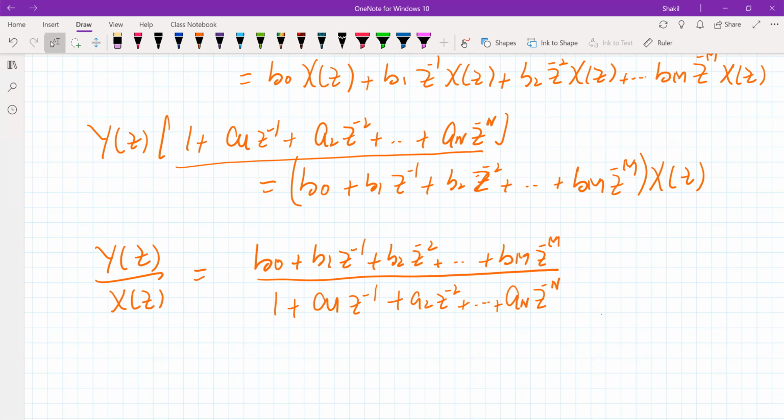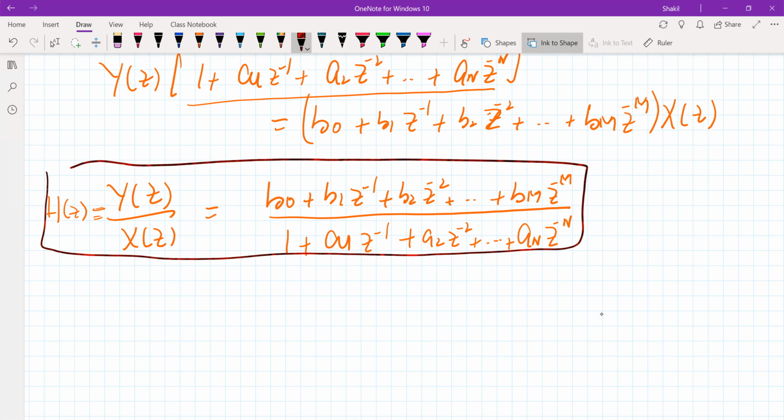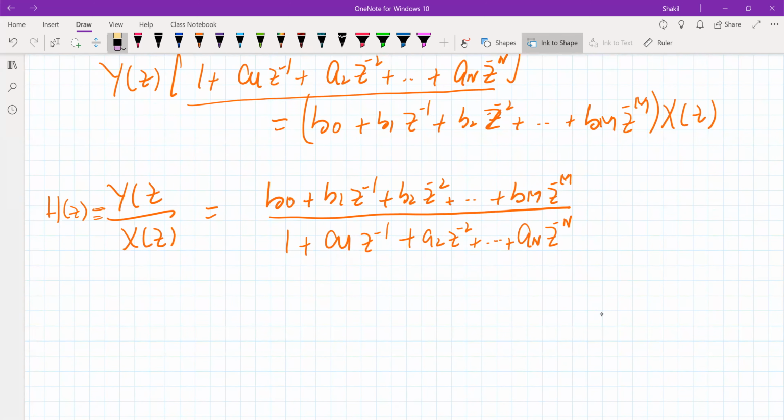And what do we say? Output transform by input transform is the transfer function of the system. So this is the transfer function of this system.